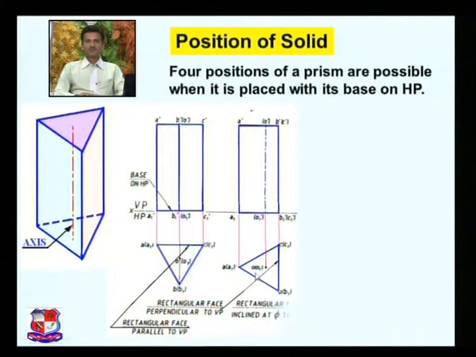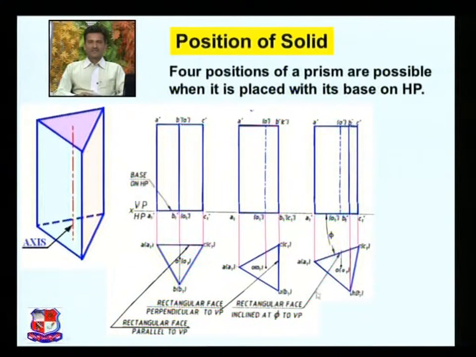The third possible position is the rectangular face inclined at a certain angle to VP. If it is given that its face is inclined at a certain angle, say 60 degrees or 30 degrees, or at an angle phi, how do we draw the top view of such a solid? For that, first we draw a line at an angle of phi with the XY line like this.